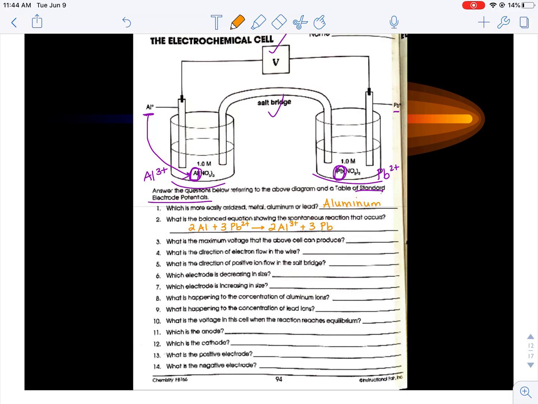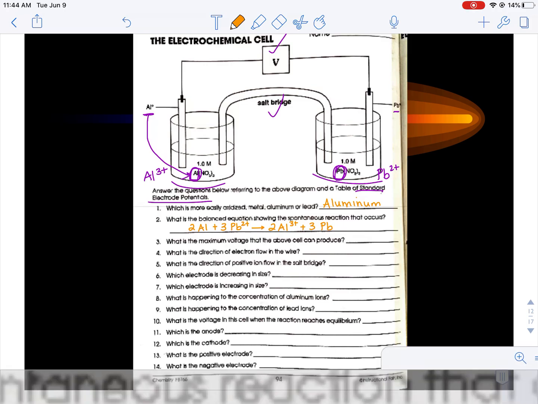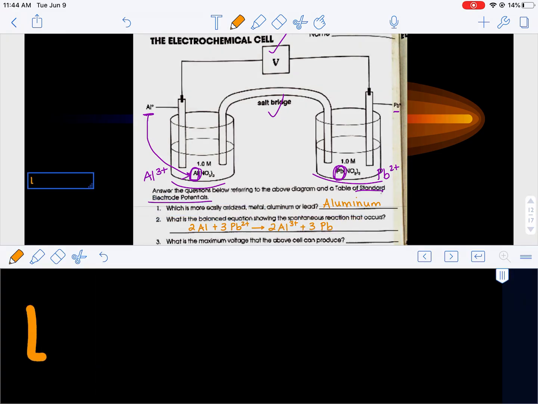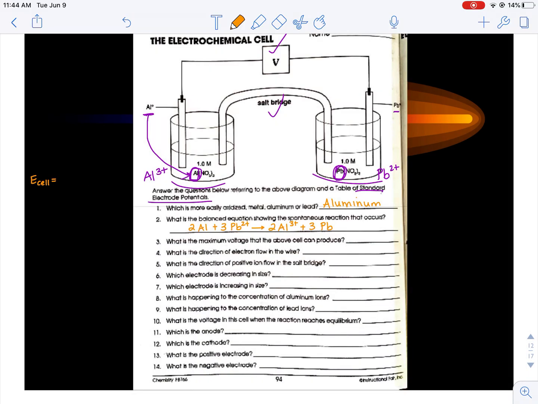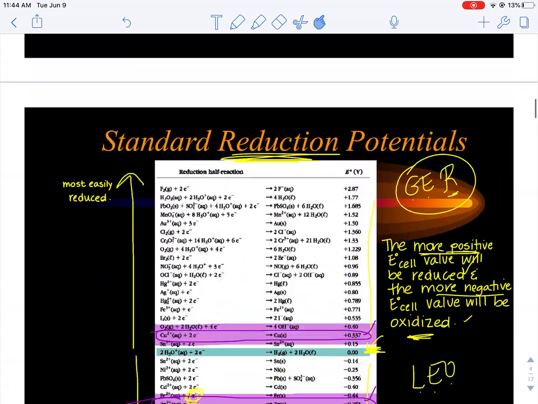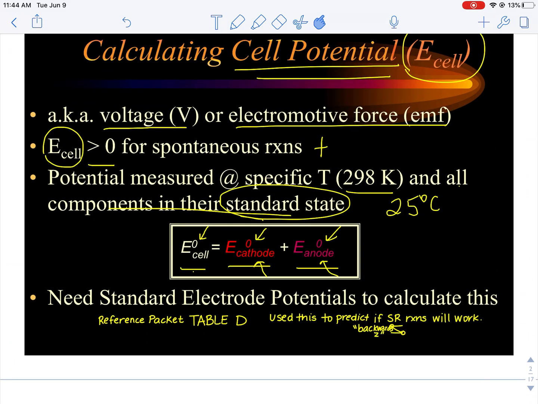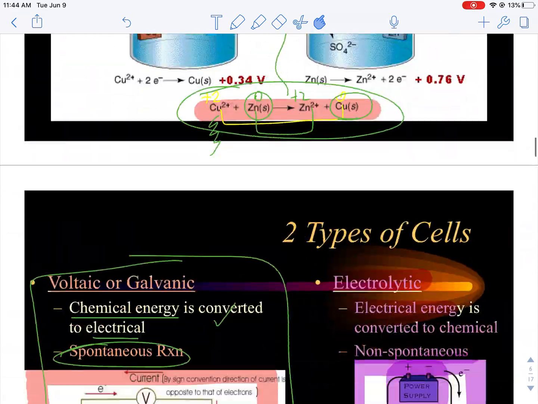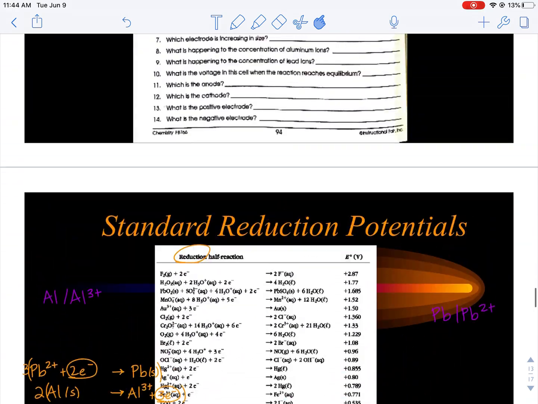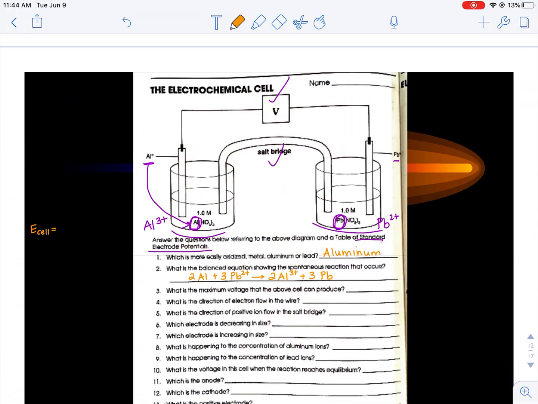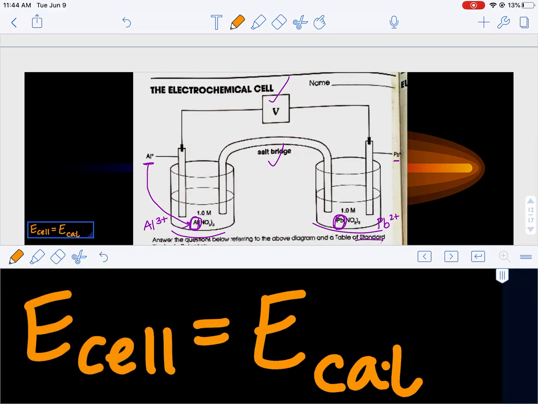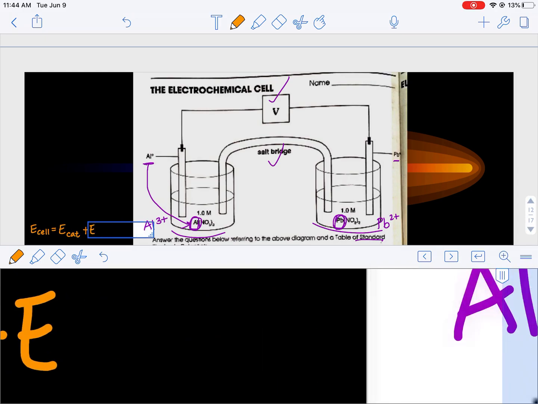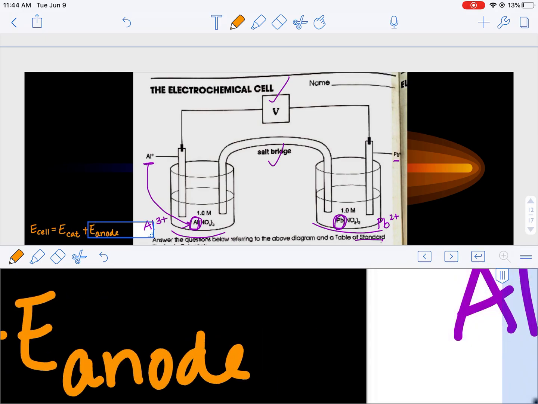Question number 3. What is the maximum voltage that the above cell can produce? We had this fun formula. The E cell is equal to, and we had it all the way back in our beginning slides, the cell potential of the cathode plus the cell potential of the anode.